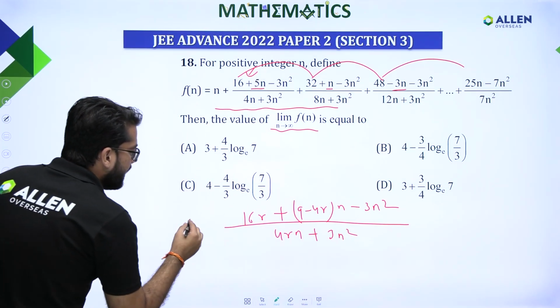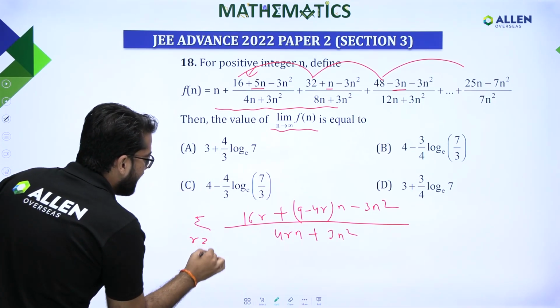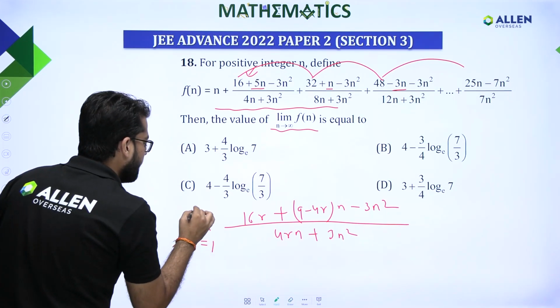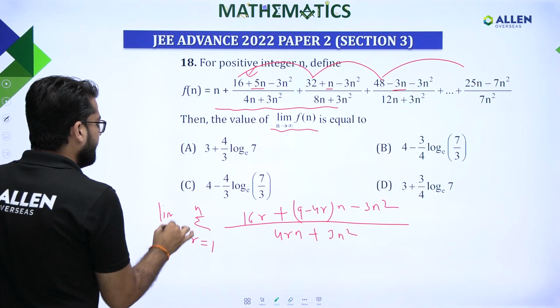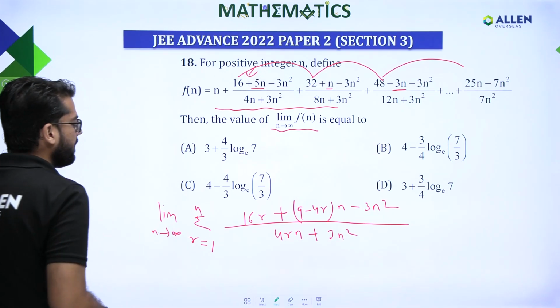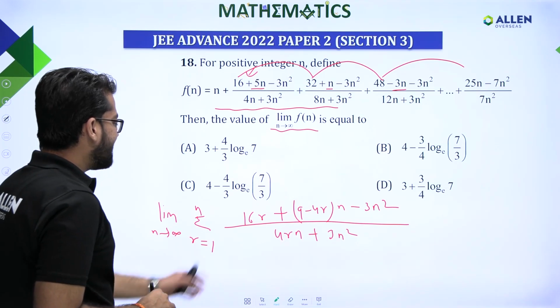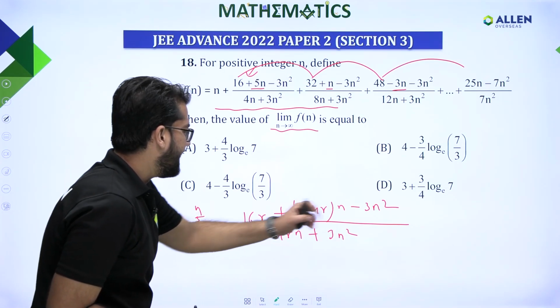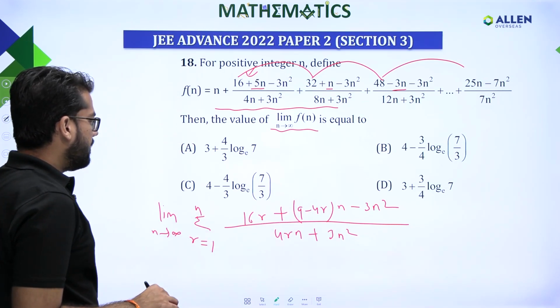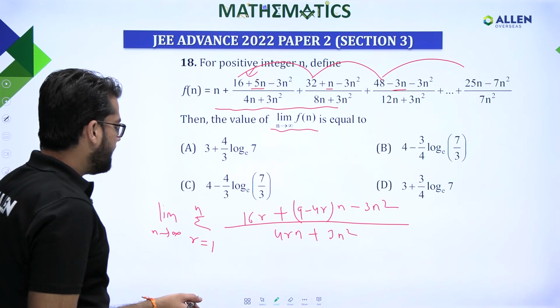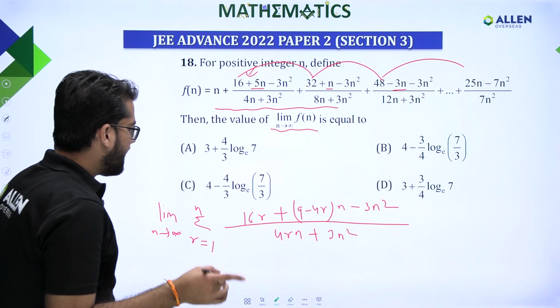Now here we can conclude that r is equal to 1 to n, right? And here we have limit n tends to infinity. Now I just want to write it as 16r plus 9n and then minus 4rn. Then can we write 16r plus 9n?